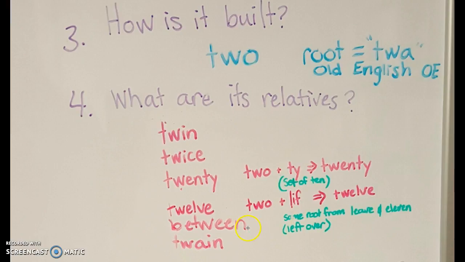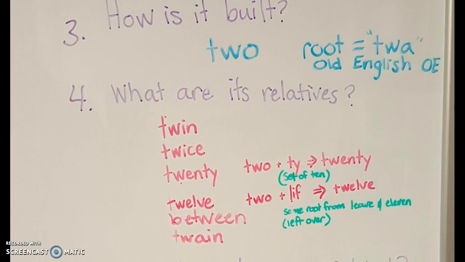Between also carries the connotation of two because it's between two things. So based on its relatives, I can really hear the W sound. So when I'm trying to spell two, I will now understand that there is a silent W, but when I'm thinking of its relatives, it becomes very obvious and easy.